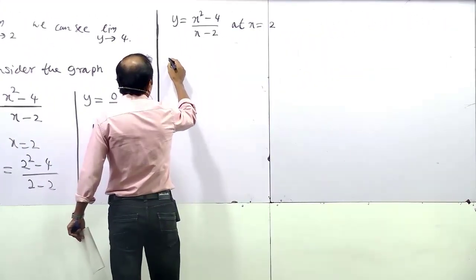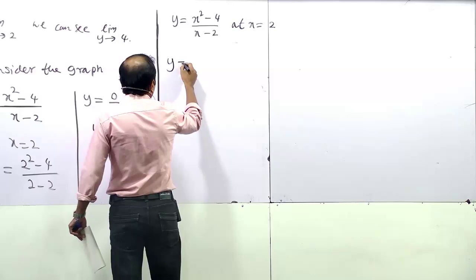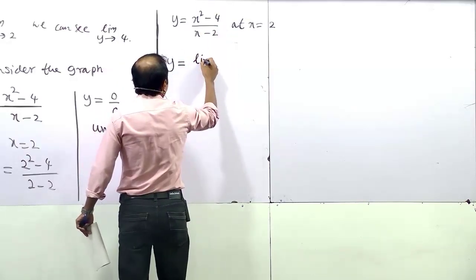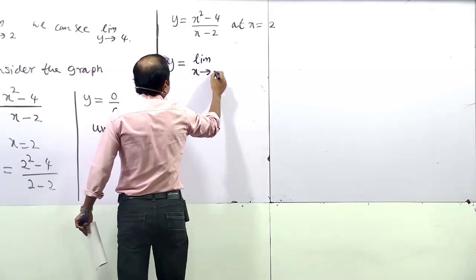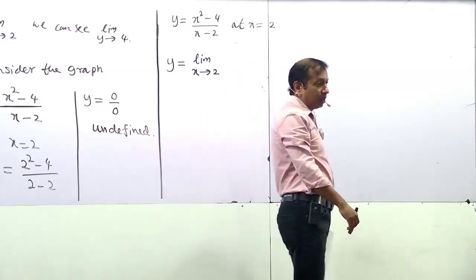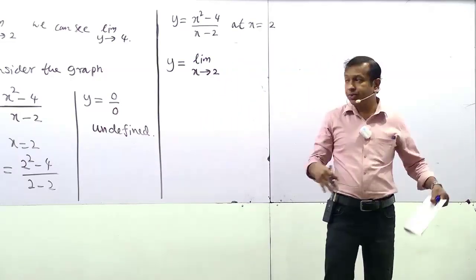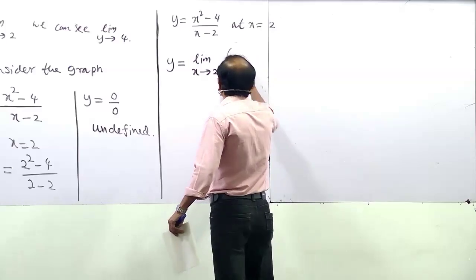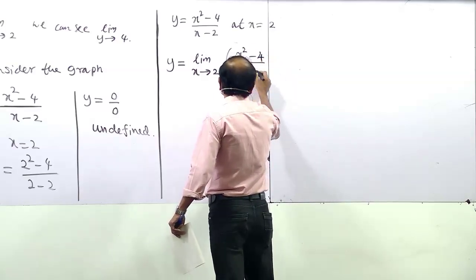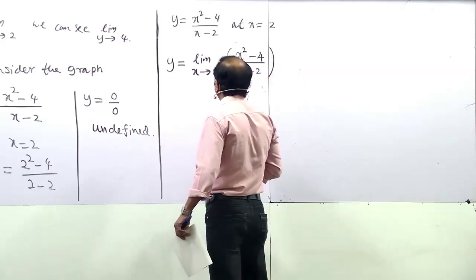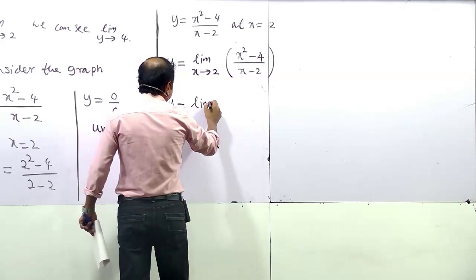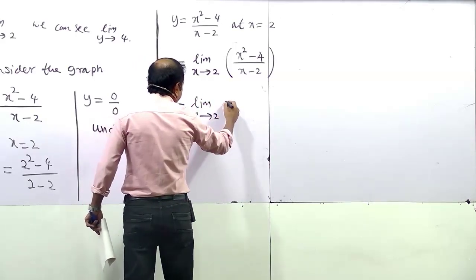We take y equals limit x approaches 2. That means x going to 2 from both ends. Now we factorize the bracket.